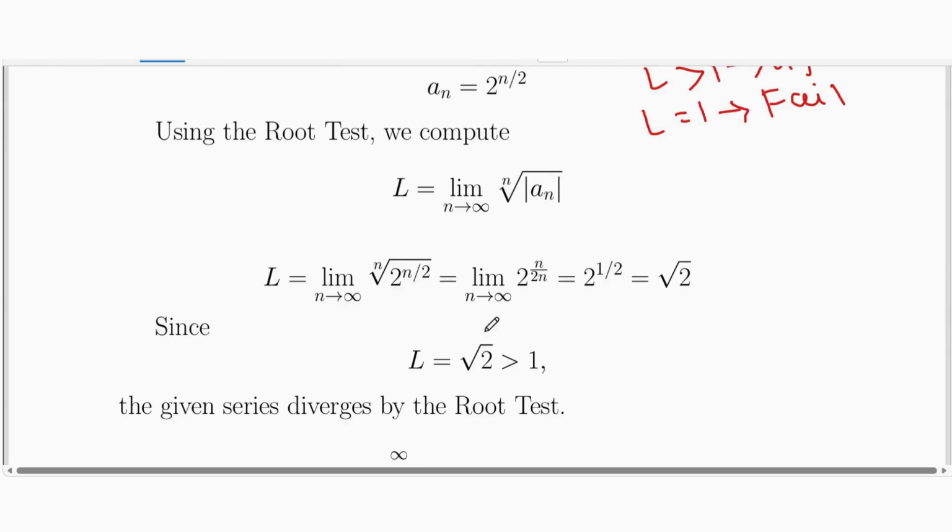Now evaluate this limit. The nth root means we can write 1 upon n, so this n cancels out. We get 2 raised to 1 by 2, and 2 raised to 1 by 2 is nothing but root 2.